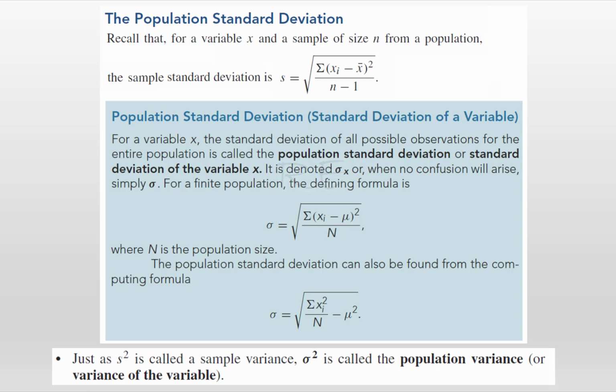We also have a computing formula where sigma, the population standard deviation, is equal to the square root of the sum of the observations squared divided by capital N, minus mu squared, where mu represents the population mean.